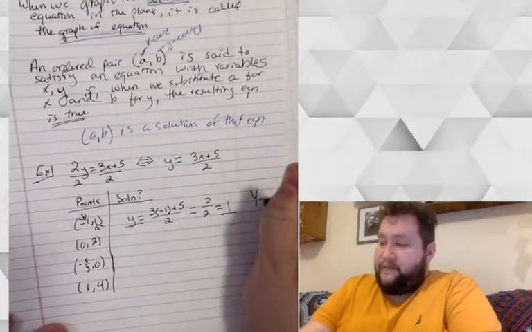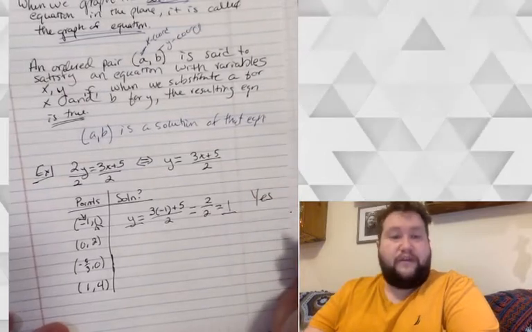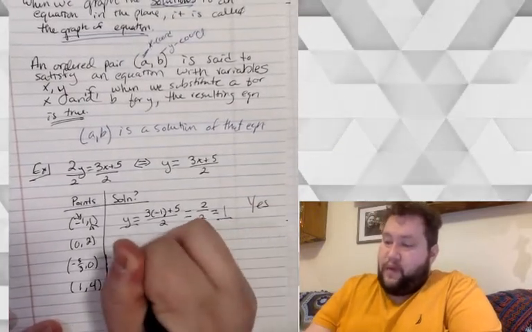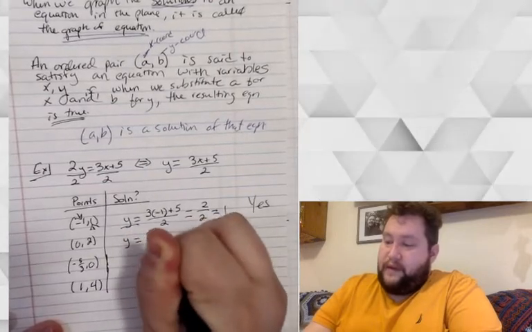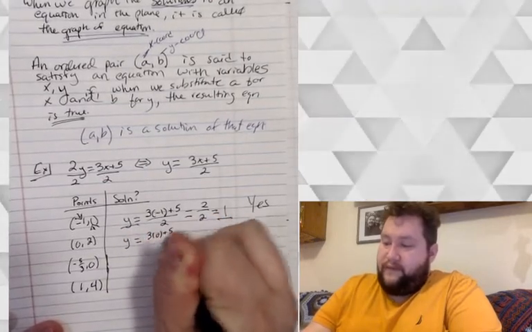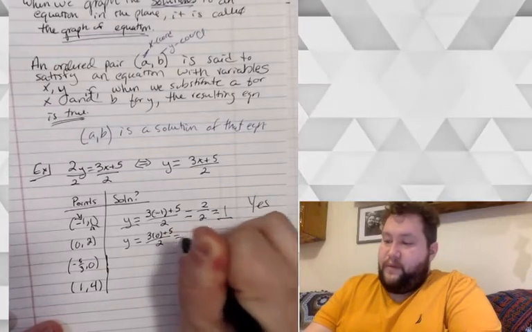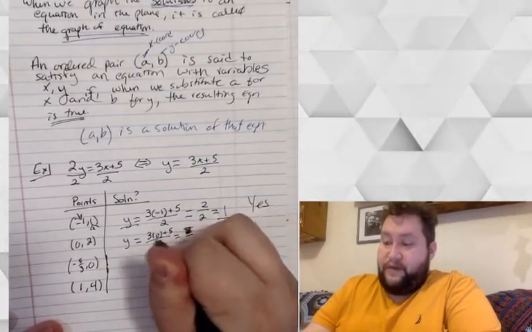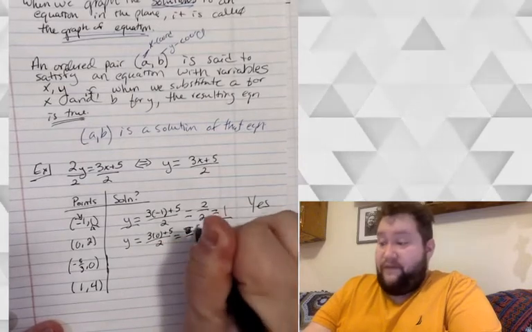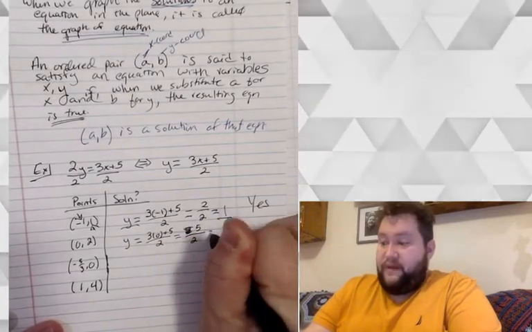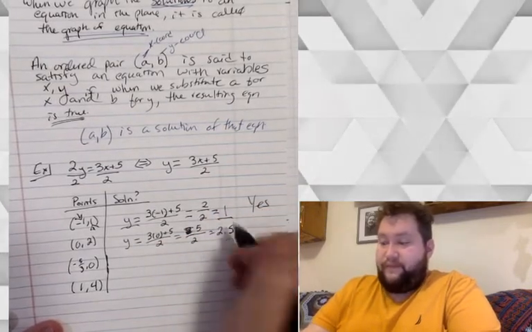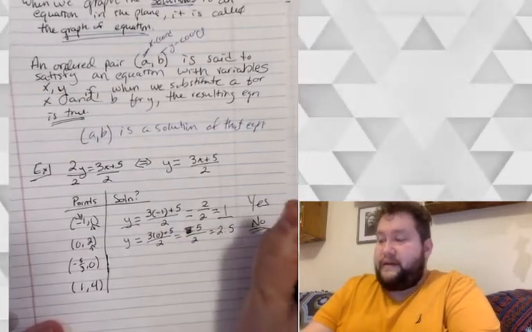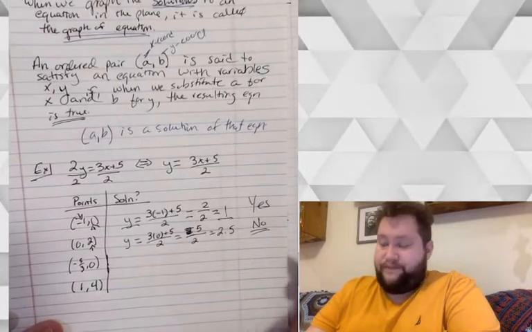So yes, that point is a solution. And then how about (0, 2)? Well, y equals (3 times 0 plus 5) divided by 2. 3 times 0 is 0, plus 5 is 5, divided by 2. That's 2.5. Well, this has 2. So (0, 2) is not a solution to that equation.